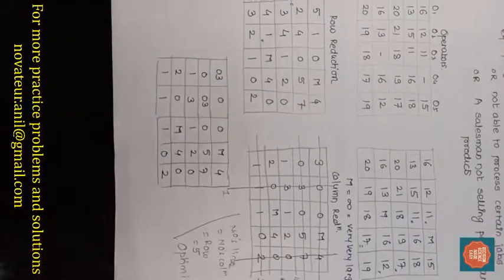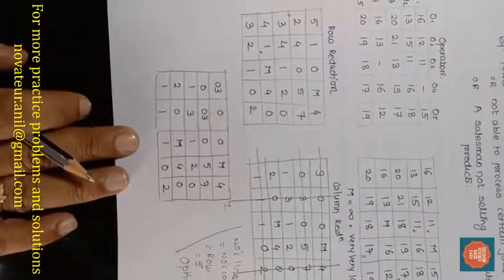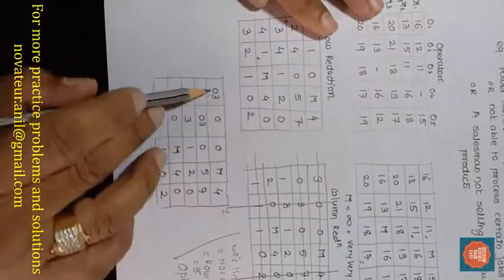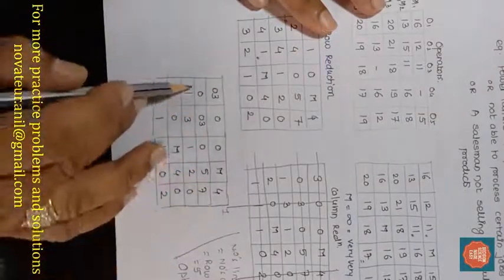Now I am going to assign these zeros. For assigning zeros, the rule is very simple. I have to first search for that row or column which has only 1 zero. Here I get 2 zeros. Yes, I got this 1 zero.